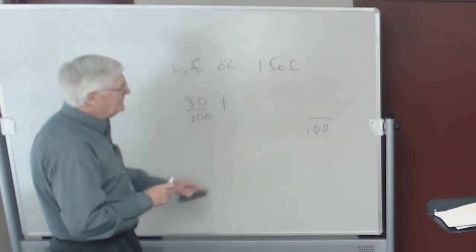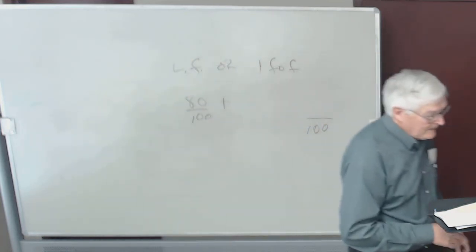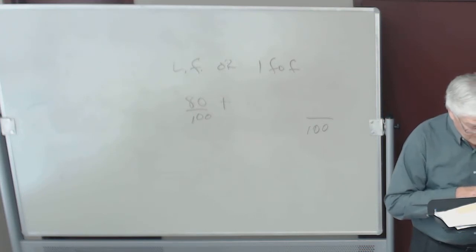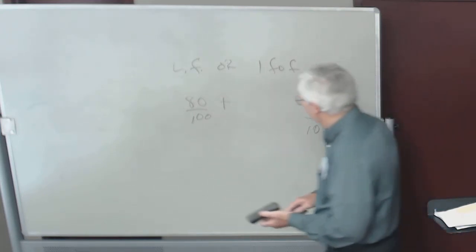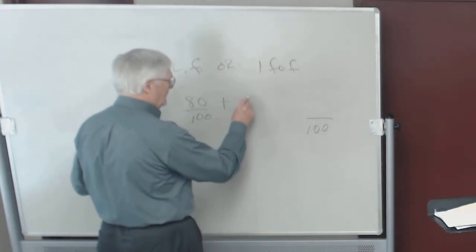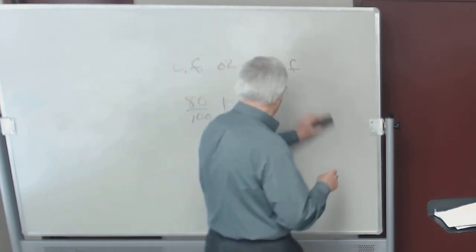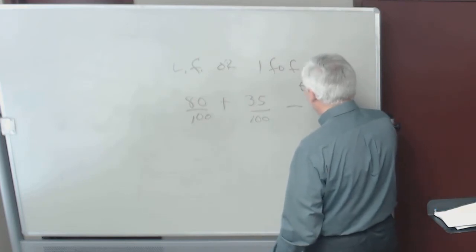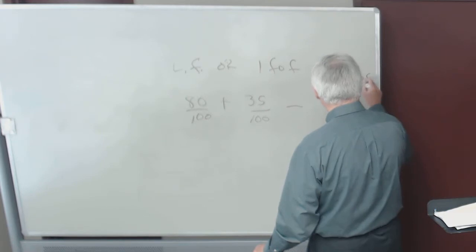Plus incorrectly filled out forms. How many incorrectly filled out forms are there? Over to total. 35, right? But we have to subtract from that the intersection of long forms with incorrectly filled out forms.